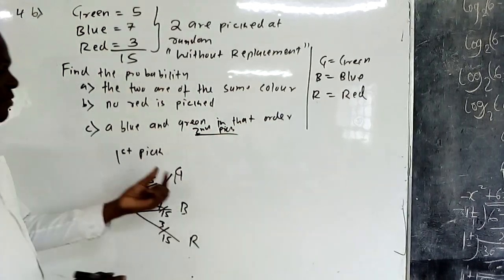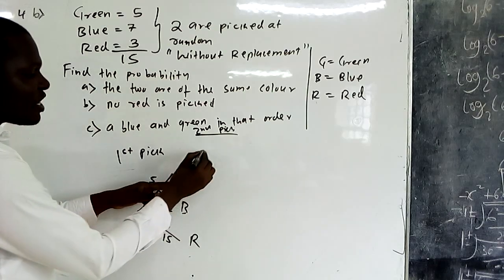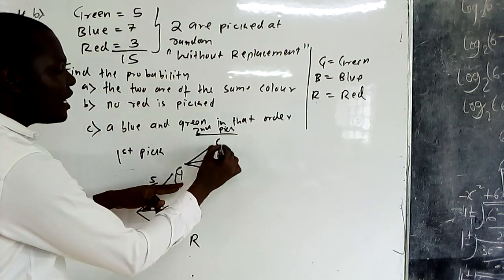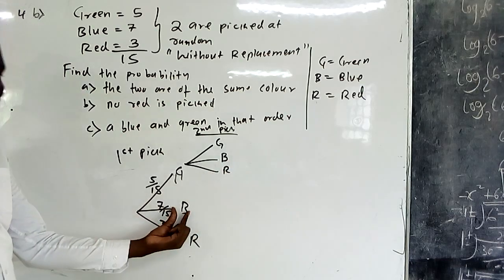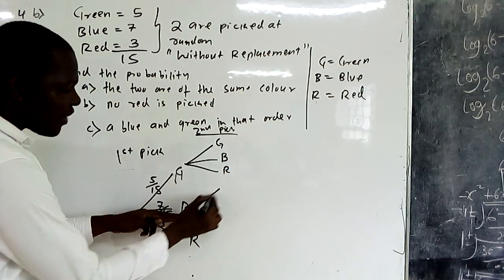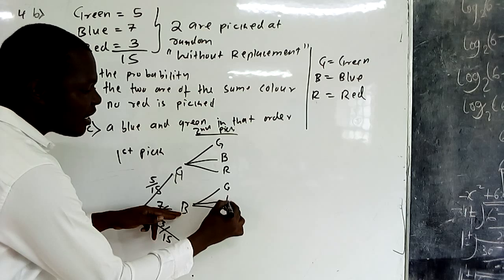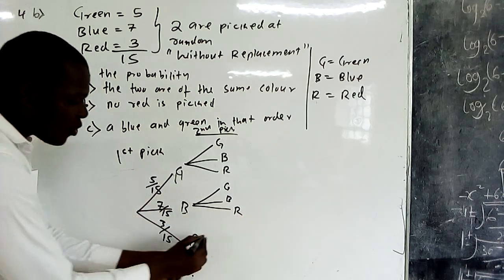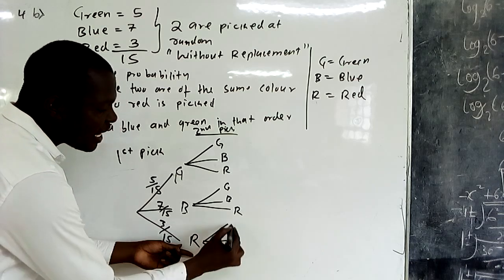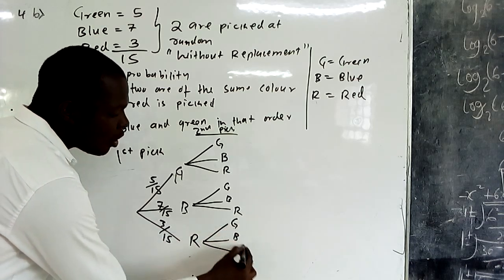If the first pick was green, it means the second pick can either be green again, blue, or red. If the first pick was blue, the second pick can as well be either green, blue, or red. If the first pick was red, the second pick can as well be either green, blue, or red.